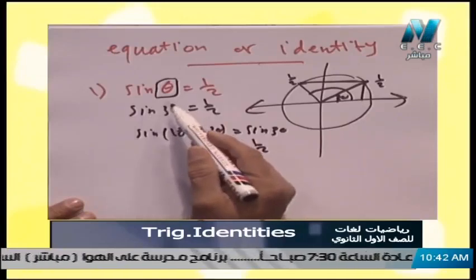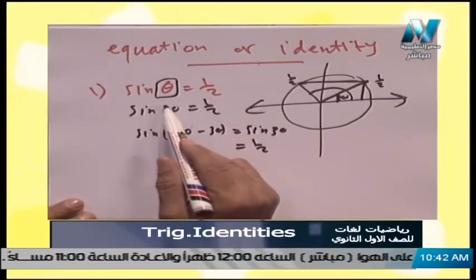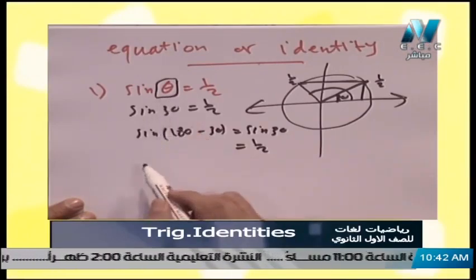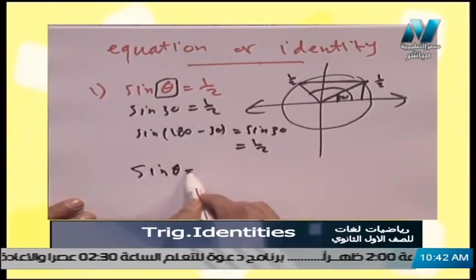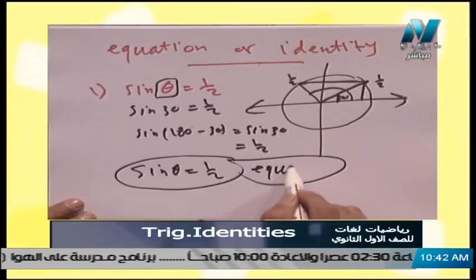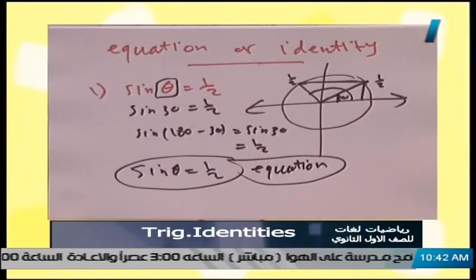Sine 10, for example, doesn't equal half, so it holds only for specific values of theta. So sine theta equals half is an equation and not an identity.